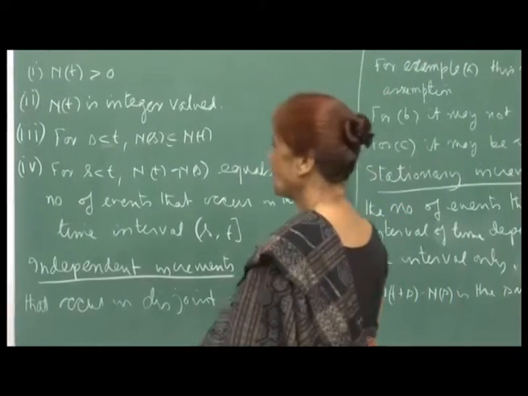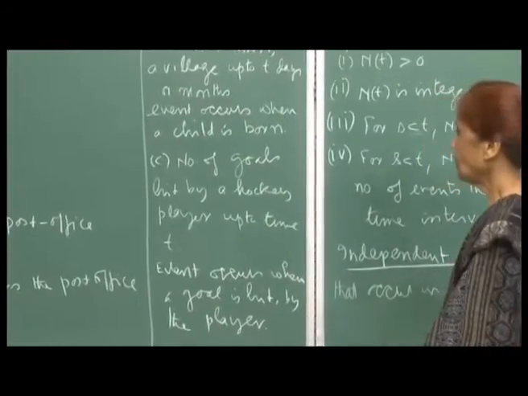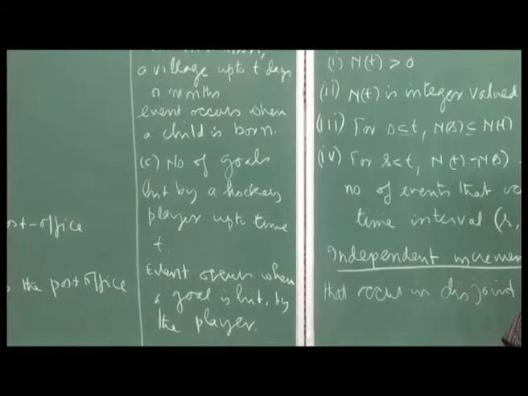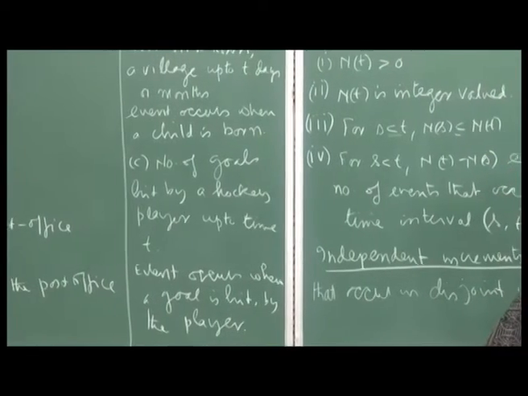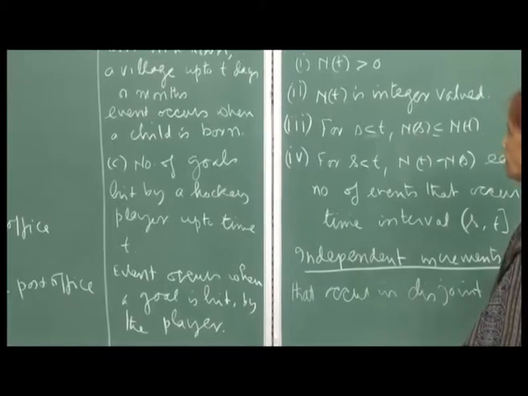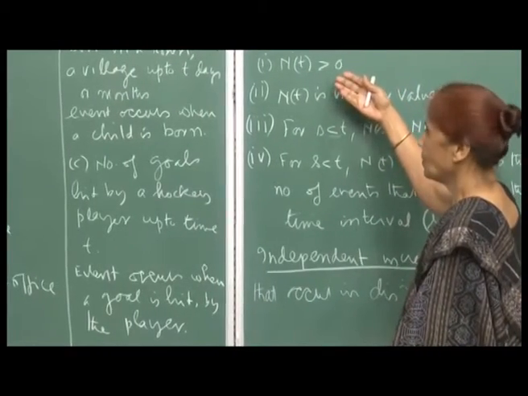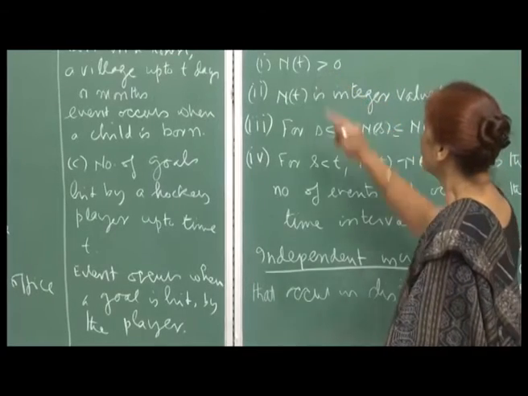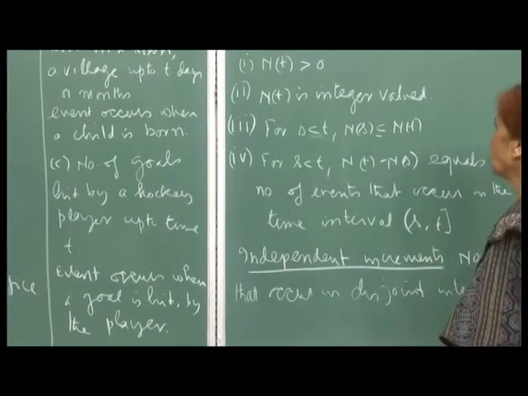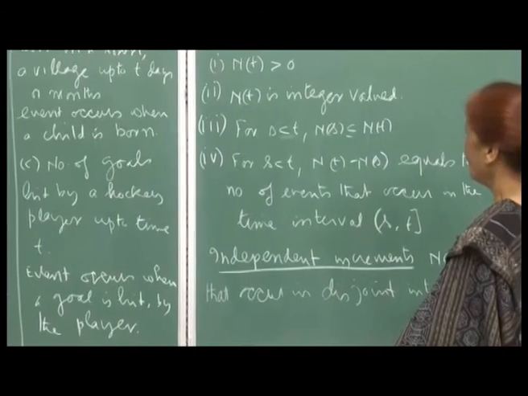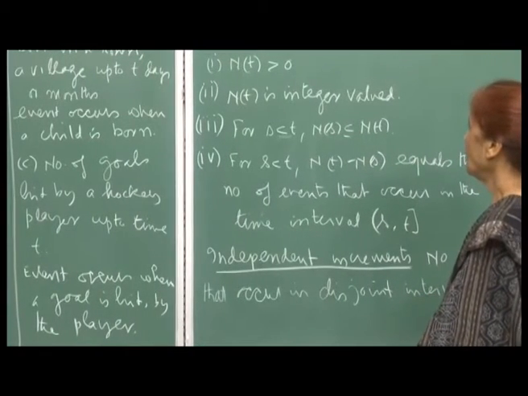Now, through these examples we realize that whatever our counting process is, N(t) must satisfy the following. Since it counts the number of events that have taken place, it has to be greater than or equal to 0. Then N(t) is integer valued, because we are counting the number of events.